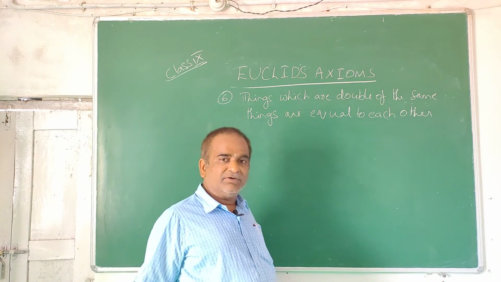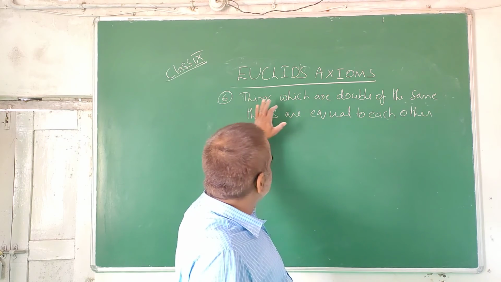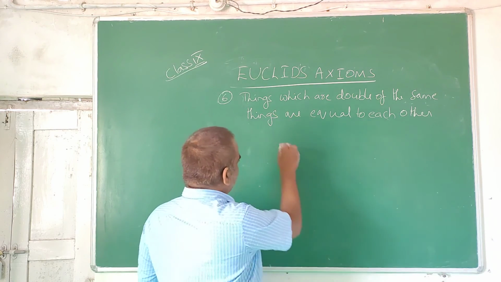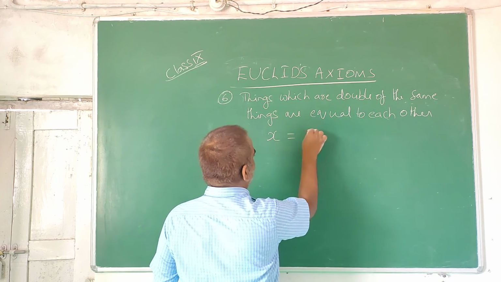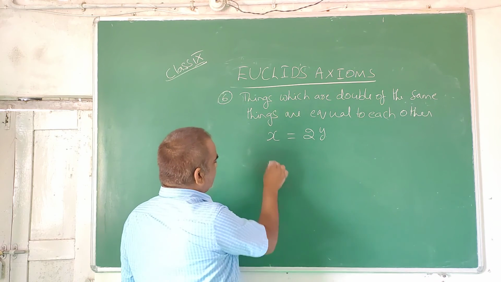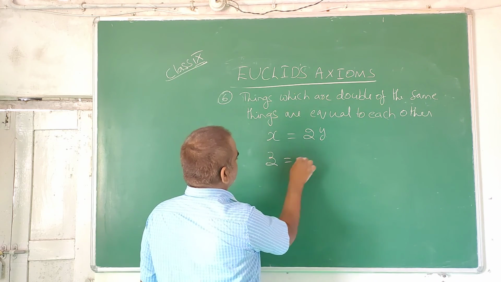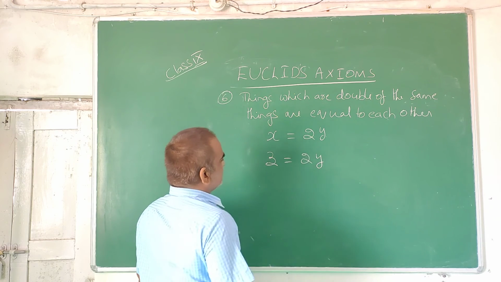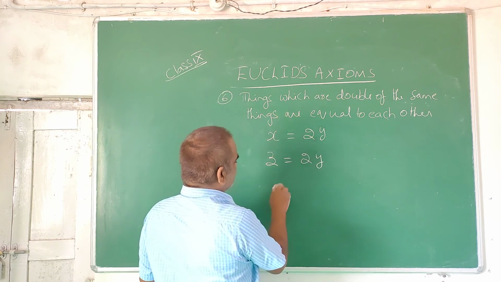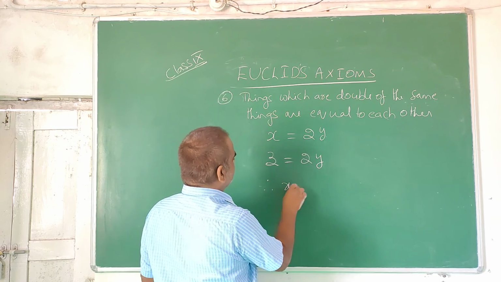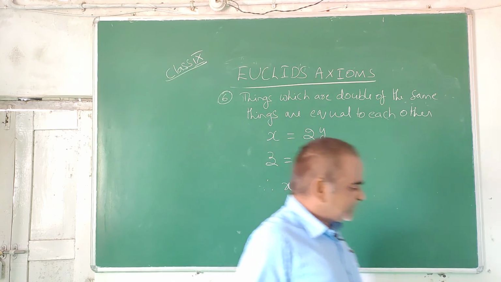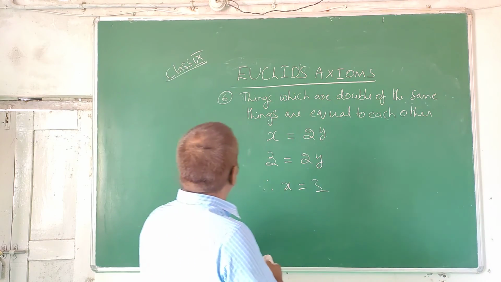Dear students, Euclid's sixth axiom is: things which are double of the same things are equal to each other. Suppose the thing X is double of Y, and another thing Z is double of Y. So X and Z are double of the same thing. Then according to Euclid's sixth axiom, X is equal to Z. Did you understand? Similarly we can explain the seventh axiom.